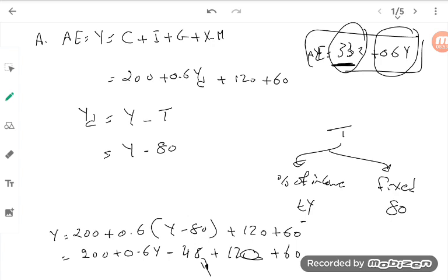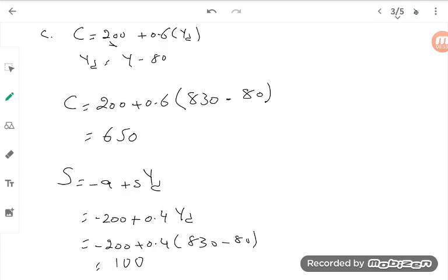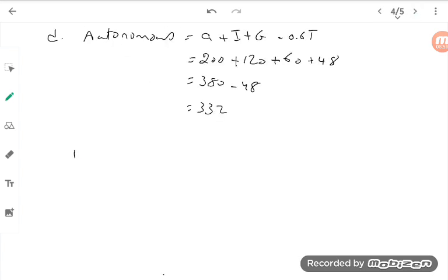And the same with respect to induced. From the aggregate expenditure equation, we find that induced expenditure is 0.6Y. So we are going to substitute using equilibrium Y in order to find the induced expenditure at equilibrium.